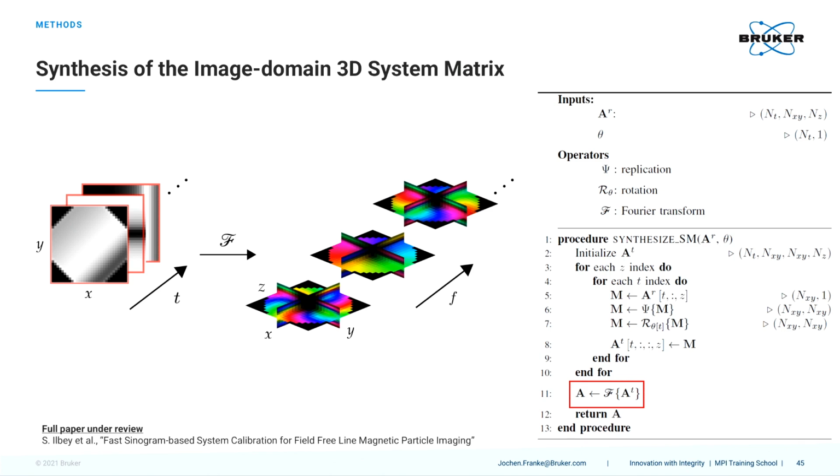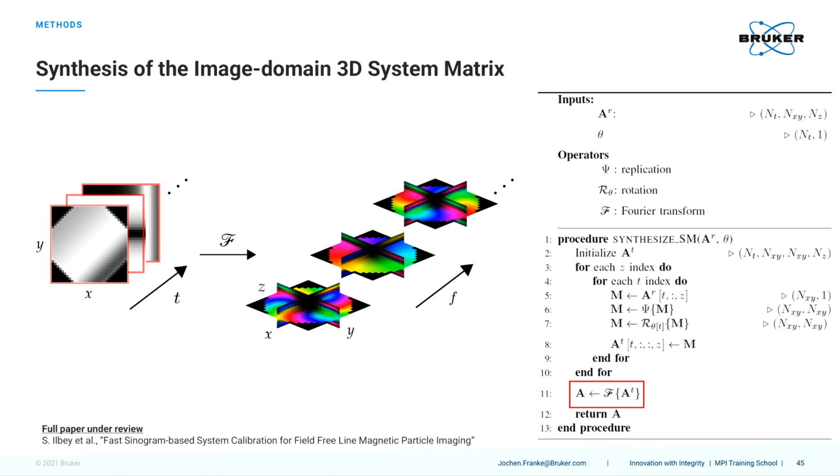Okay, and by this we have A, an acceleration in the acquisition, and B, we have all mixing terms included, and C, we have included the true particle response of our sample.